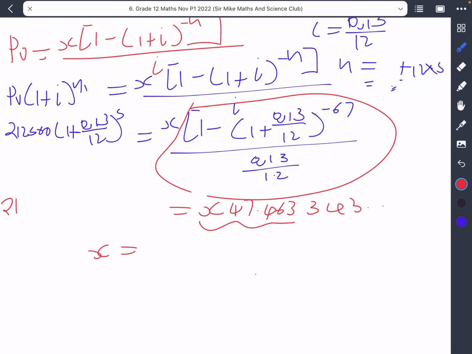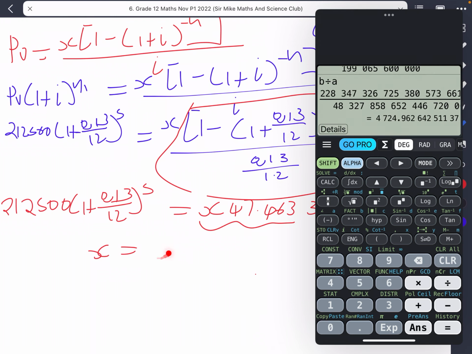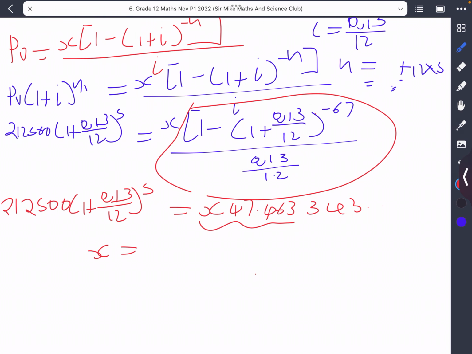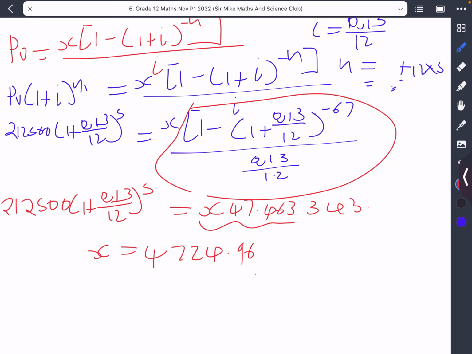So what I have now would be B divided by A, which is divided by alpha A. So x would be equal to 212,500 times (1 plus 0.13 divided by 12) all to the power 5.